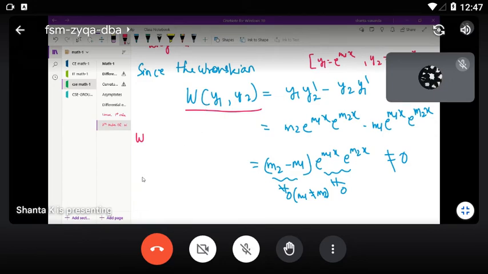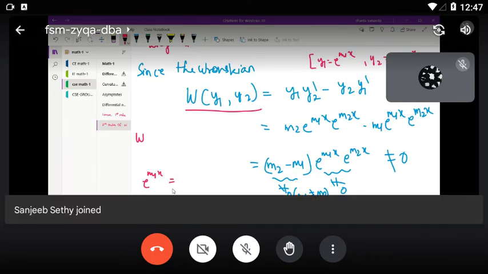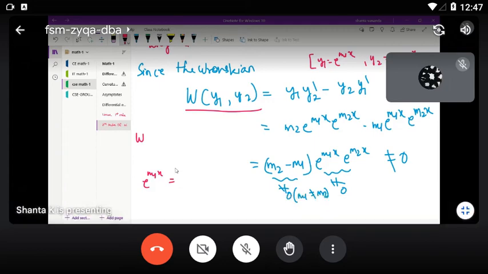Suppose you have e power m1x and e power m2x, and m1 and m2 are not equal, then they are linearly independent. If they were not linearly independent, you could express one in terms of the other.